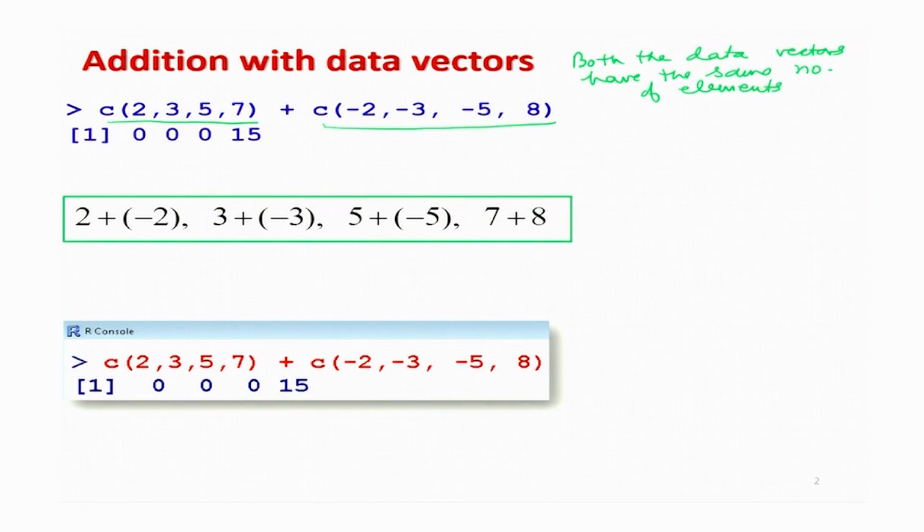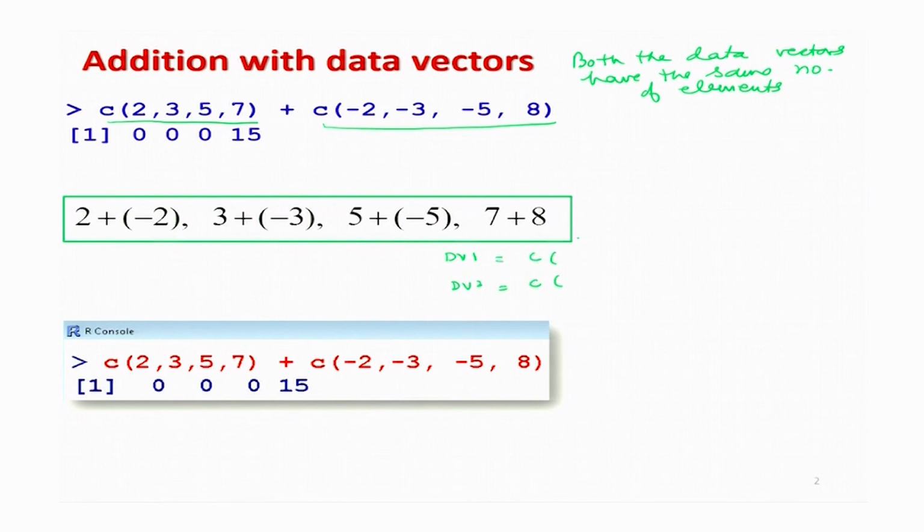Now let us see how these data vectors are going to operate. First I will show you what is happening and then you can understand it. Suppose I write down data vector 1 and data vector 2.